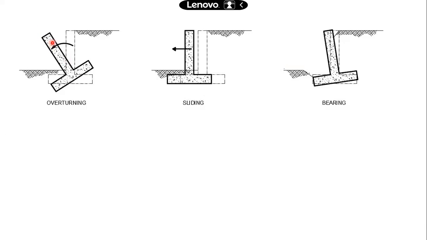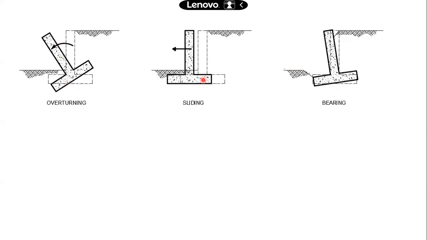The RCC design is safe. What is happening? The retaining wall as a whole is overturning. If you underestimate the dimensions of the retaining wall, this is what is going to happen. If the base slab dimensions are underestimated, the parts may be safe, but overturning will occur. So it is trying to rotate over here. This is overturning, one instability.